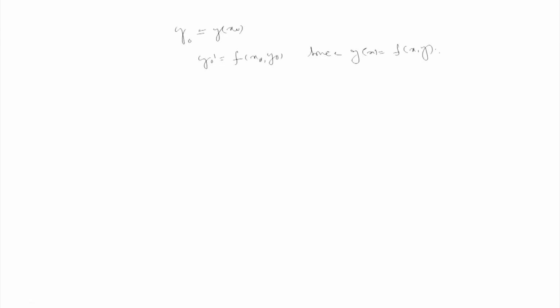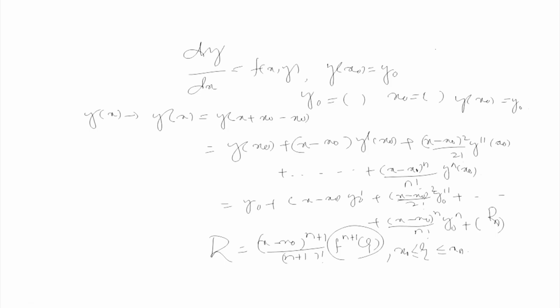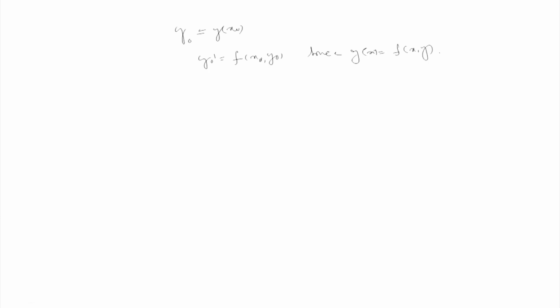In the previous slide, dy/dx was written as f(x,y), so we can express y0' in terms of x0 and y0. Based on this, y0' = f(x0, y0).